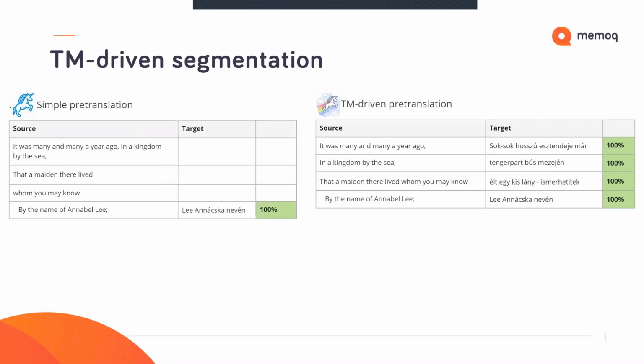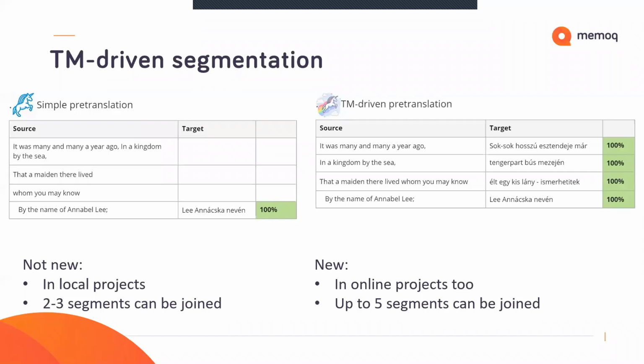As I said, this has already been there in local projects where 2 or 3 segments could be joined. What is new now is that it works in online projects too. And we also added the possibility to join up to 5 segments.